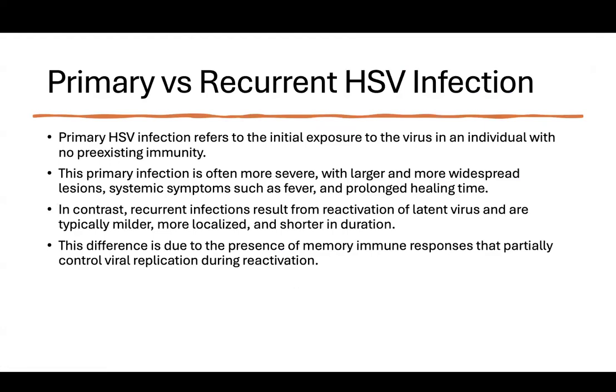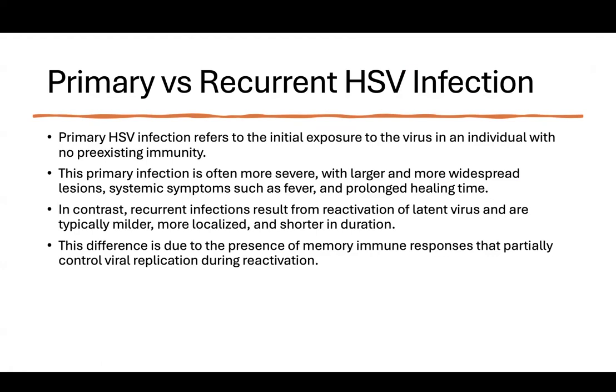So, primary versus recurrent infections. The primary infection of HSV is the first ever time that you get infected with the herpes simplex virus. Specifically at this time, you do not have any pre-existing immunity. You do not have memory B cells.